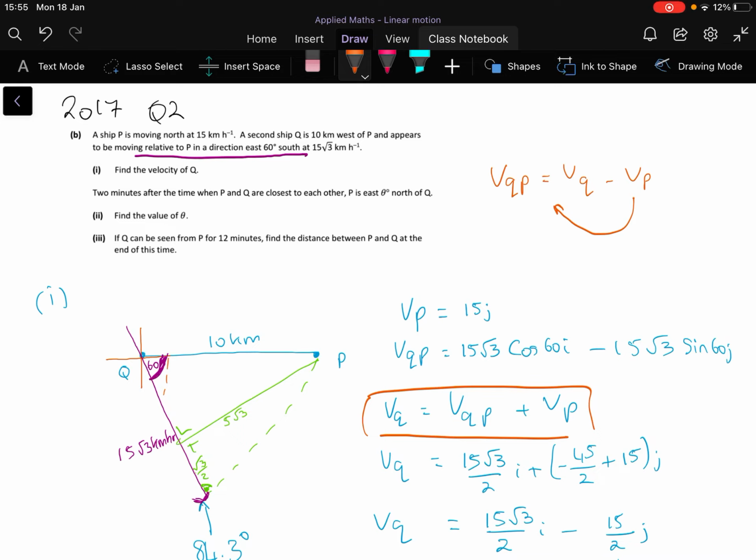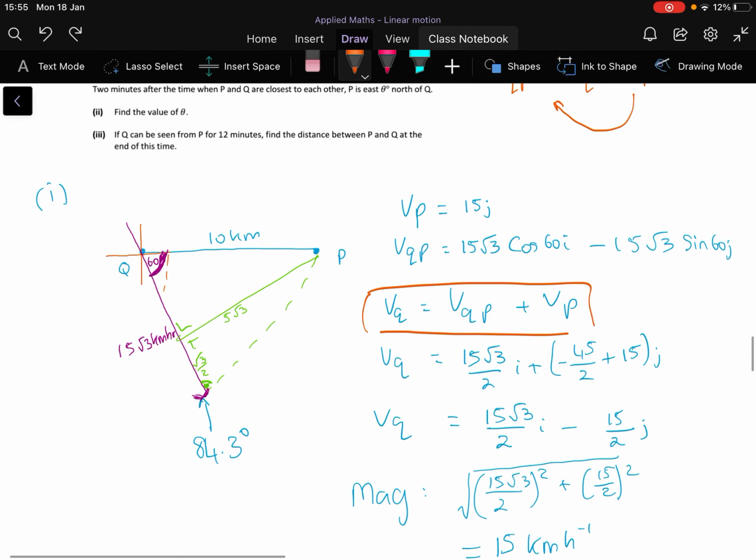My velocity of Q relative to P is going to be 15√3 cos 60, which is 15√3 over 2 i. And then 15√3 sine 60, and then don't forget about your 15j. That adds to give me minus 45 over 2 plus 15, and that's j. So all I need to do is add those together to get minus 15 over 2.